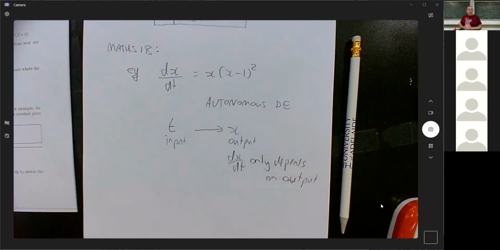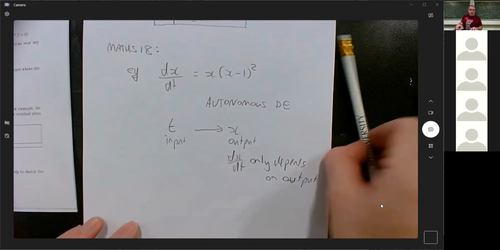There you go. So that's called an autonomous differential equation. Autonomous meaning acting on its own in English. And so the x is acting on its own without influence from the t. It is acting with influence from the t, but that's not what it looks like in this equation here.